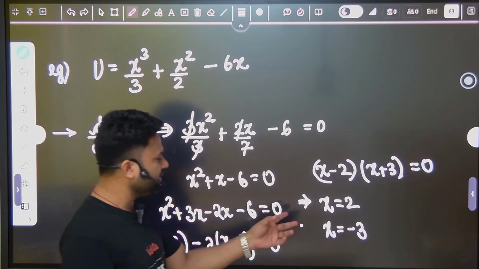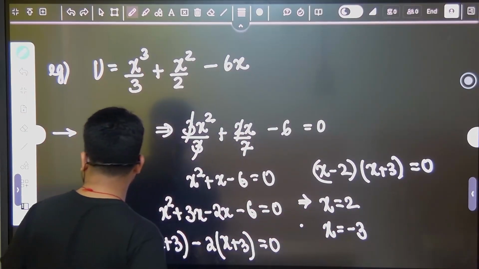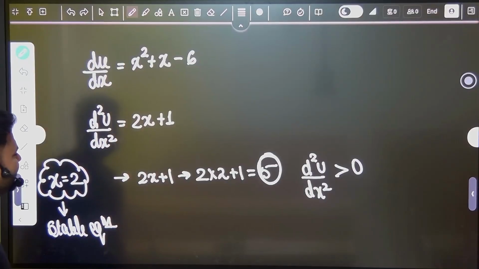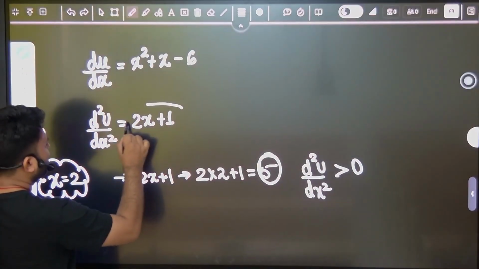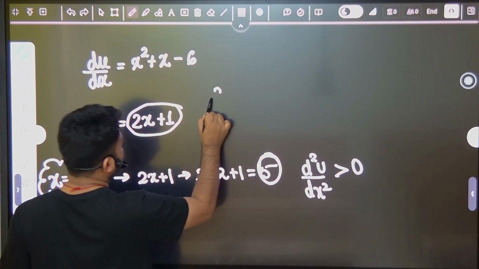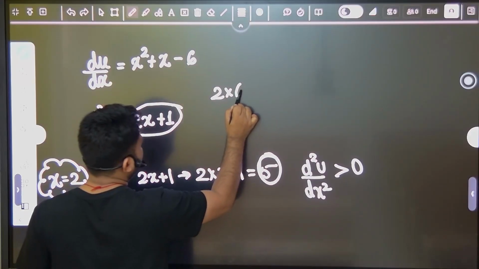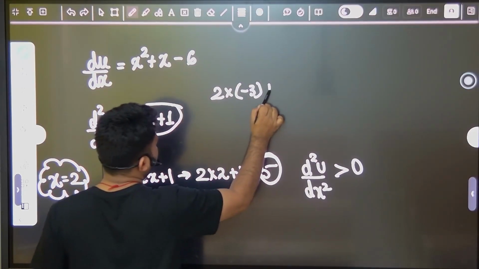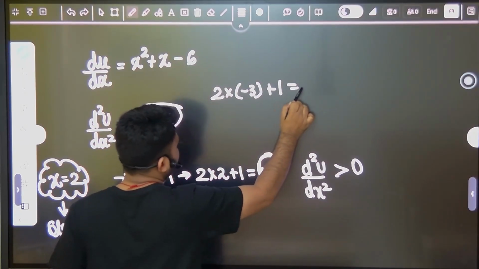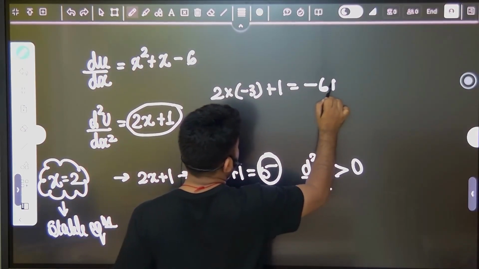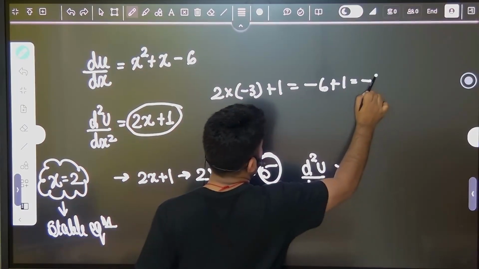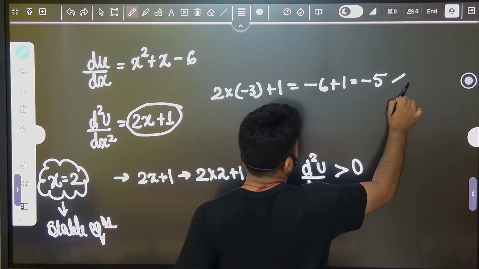We got 2 points now, x equals to 2 and x equals to minus 3. You check for minus 3. If you check for minus 3, so 2 into minus 3 plus 1. So 2 into minus 3, that is minus 6 plus 1, that is minus 5, which is less than 0.